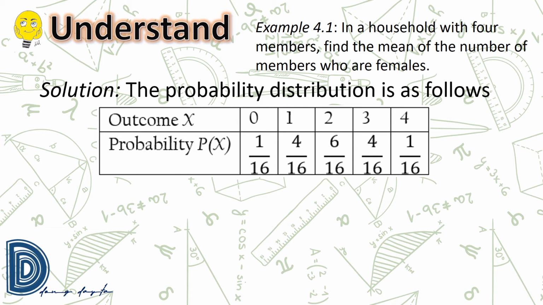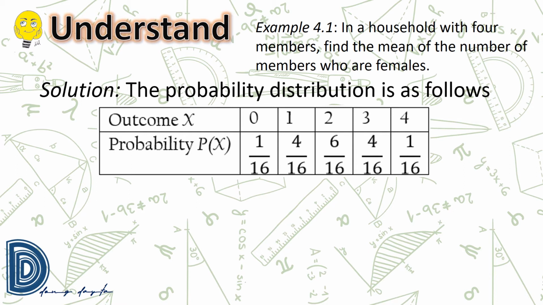Our random variable here is x, which is the number of females in a household of 4 members, and the corresponding probabilities are: if x equals 0, 1 over 16. If x equals 1, 4 over 16. If x equals 2, 6 over 16. If x equals 3, 4 over 16. And if x equals 4, 1 over 16.